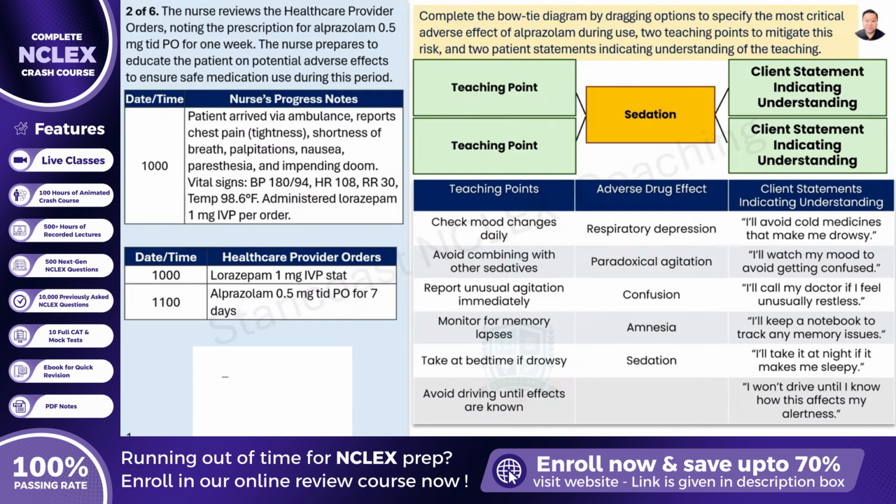This adverse effect doesn't happen very often, and there's only about 10 to 15% of people, and usually at higher doses than what most people get for outpatient use. Now, even when it happens, it's not usually dangerous. It just means someone might forget a conversation or a movie, not that they're going to fall asleep at the wheel.